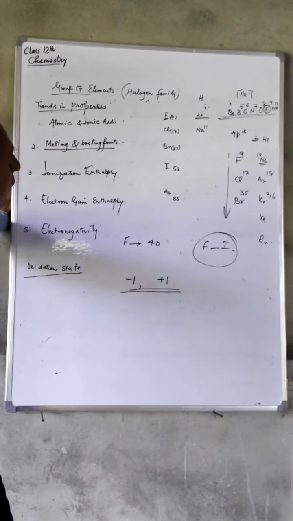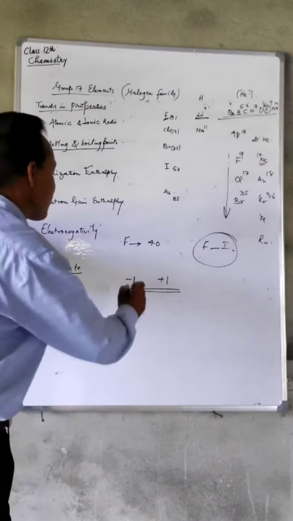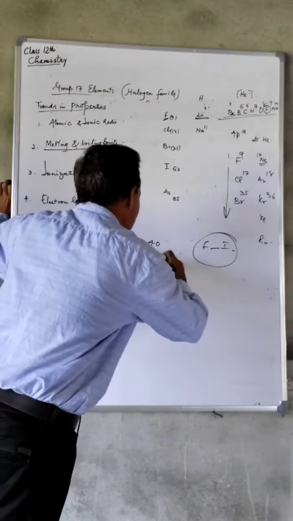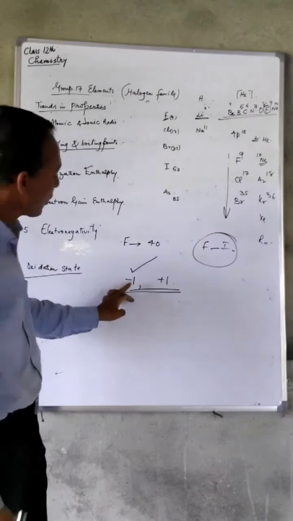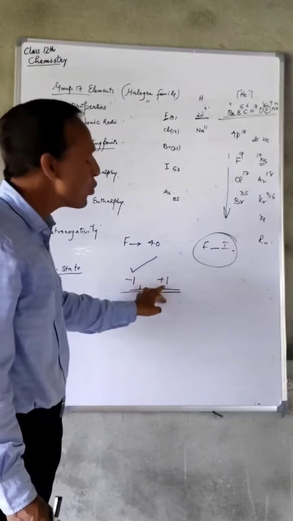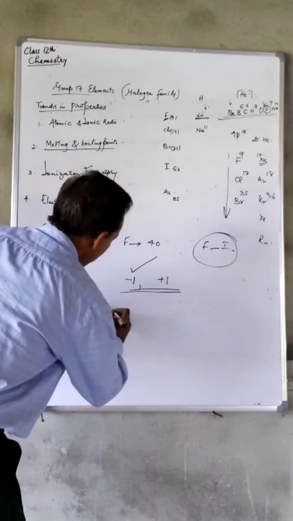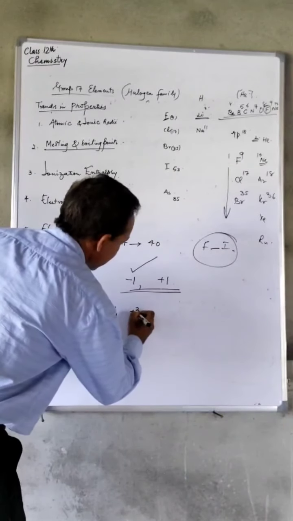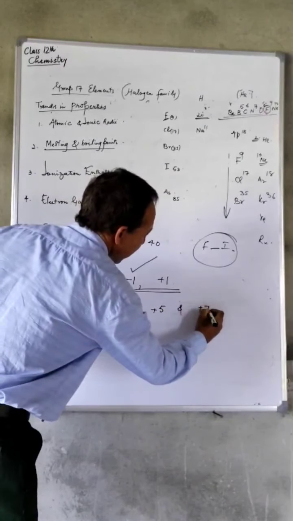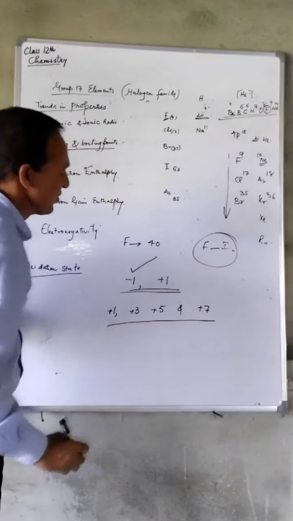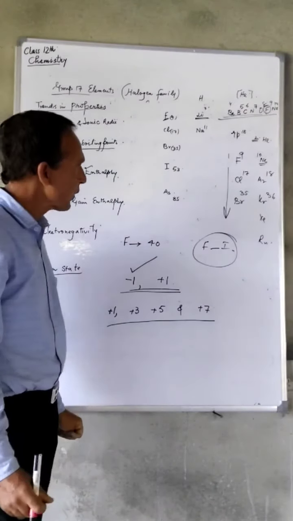But fluorine is the most electronegative element, therefore it always exists in only the -1 oxidation state. Whereas the other elements of the group, in addition to the minus oxidation state, do exist in +1, +3, +5 and +7 oxidation states as well.